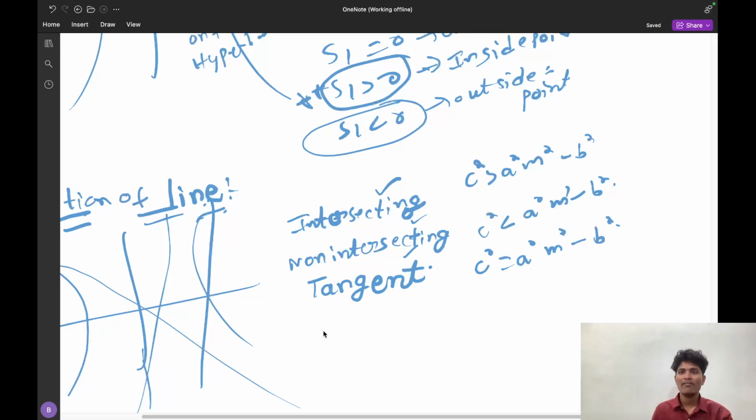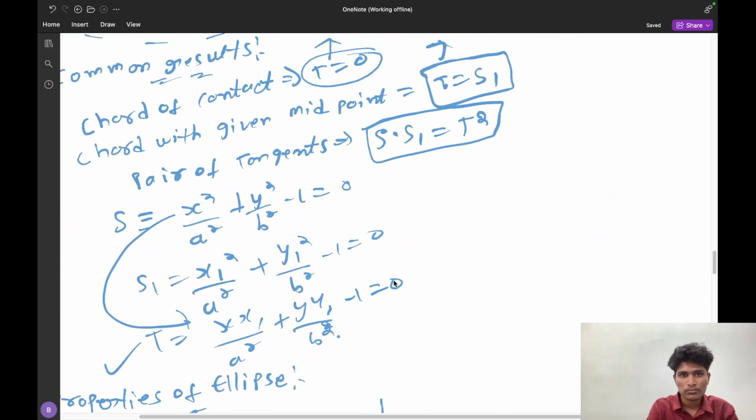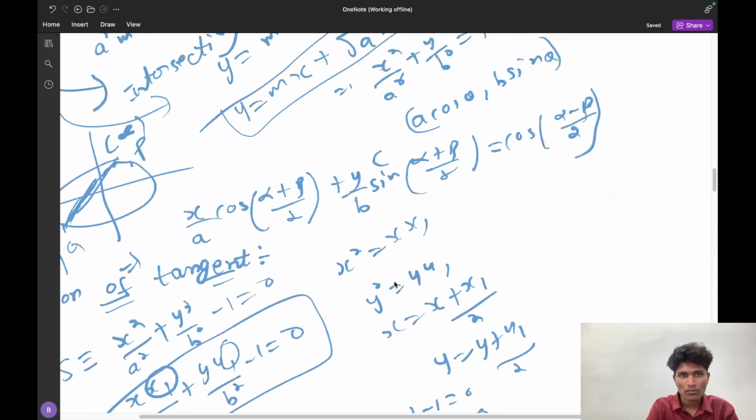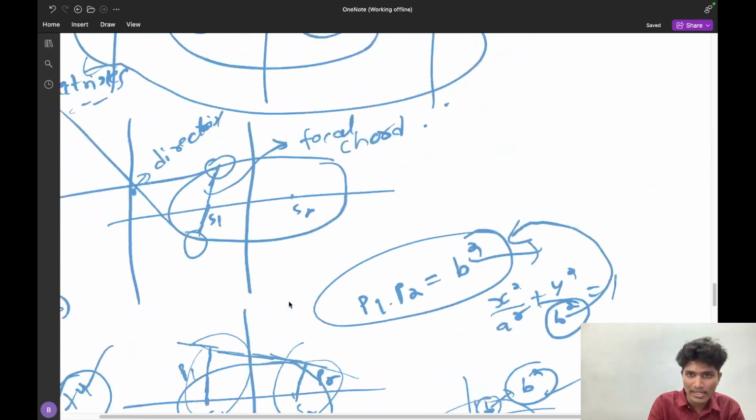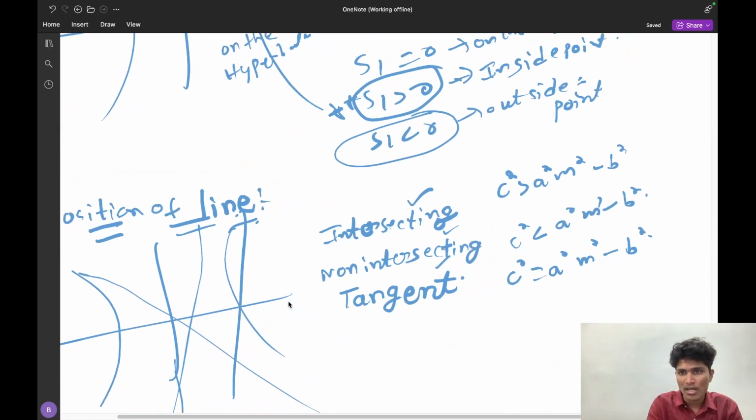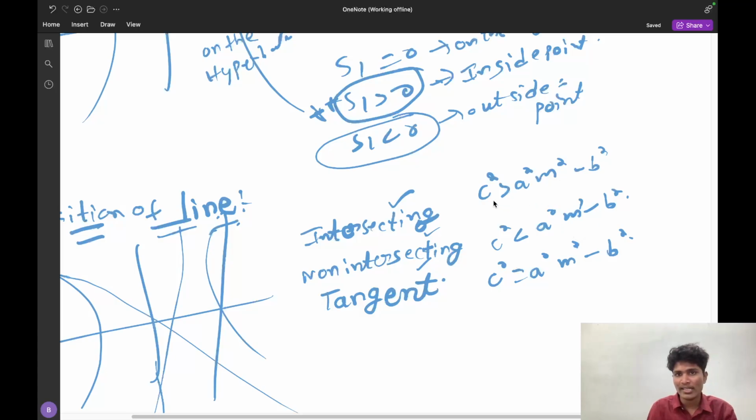If you observe carefully, when a square m square plus b square is less than c square, here we got non-intersecting. Here, when c square is greater than a square m square minus b square, we are getting intersecting. There we got non-intersecting. So you have to remember.